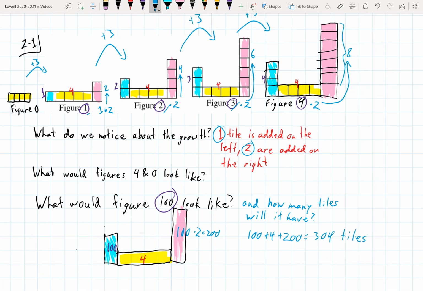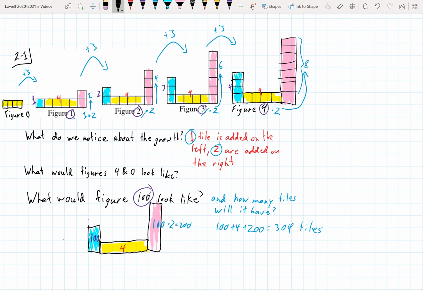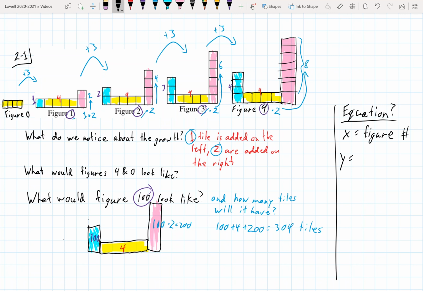Okay, last question here before we head out is, what would the equation be? In this equation, we're going to use x to be the figure number. And it's always really important to figure out what the variables represent first. Y equals the number of tiles.